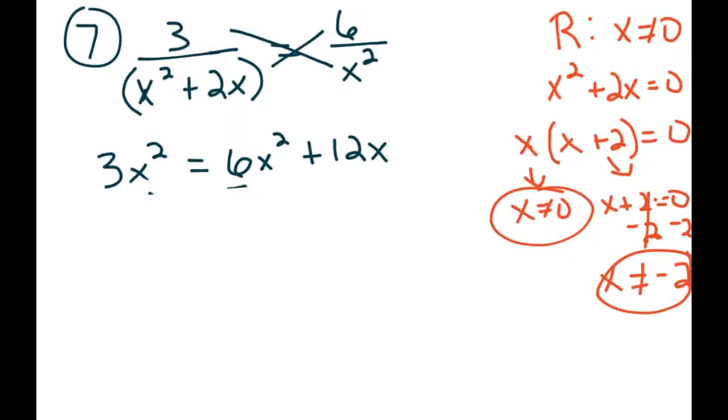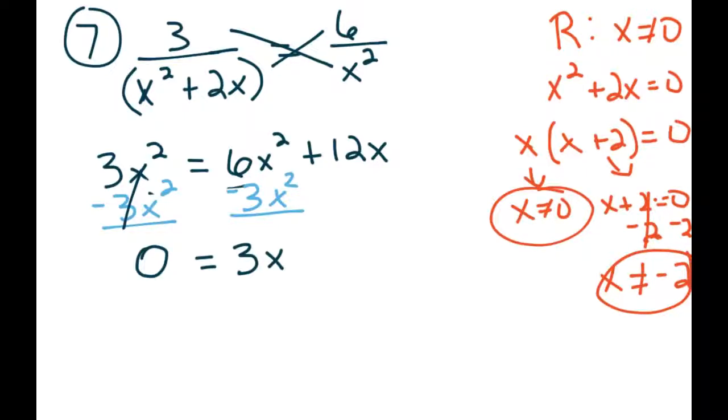Okay, so minus 3x squared minus 3x squared leaves me with a 0 on this side because they cancel. 6 minus 3 is 3x squared plus 12x.